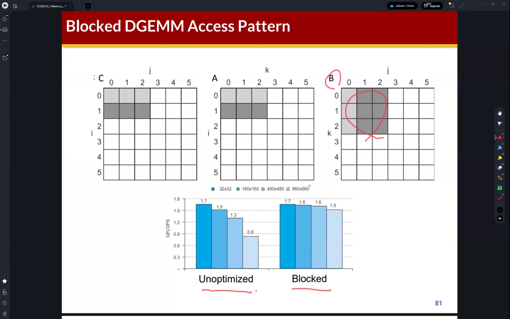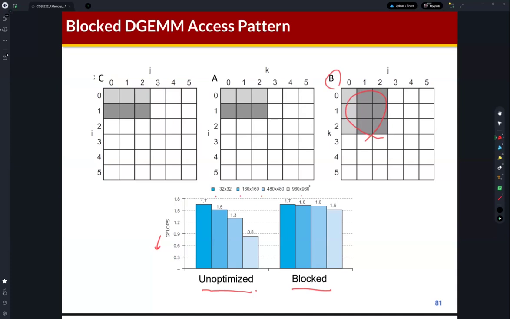And then you can find the size of the matrices, right? And the y-axis represents the performance. It's GFLOPS, which means giga floating-point operations per second. So it can also be used as the performance metric.